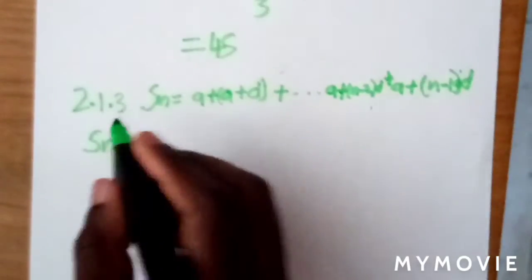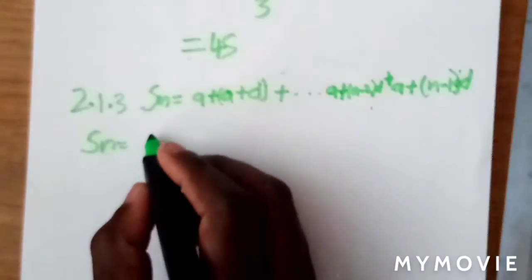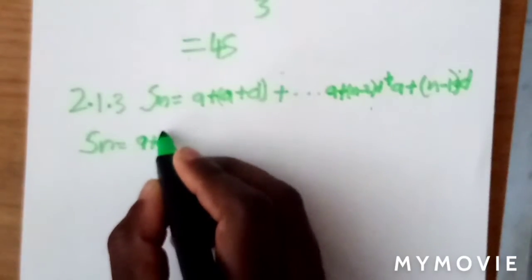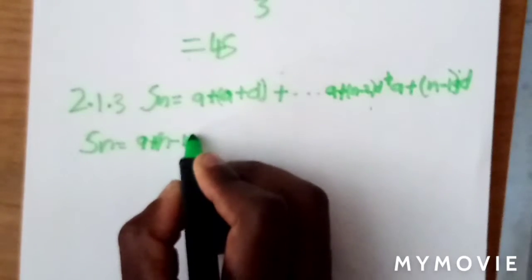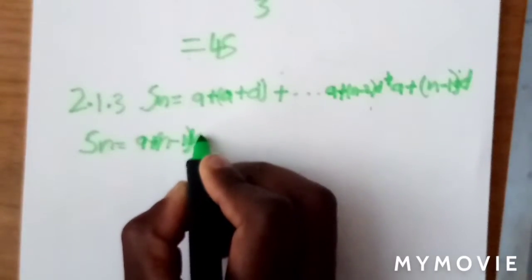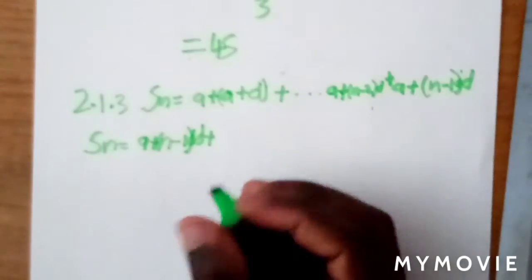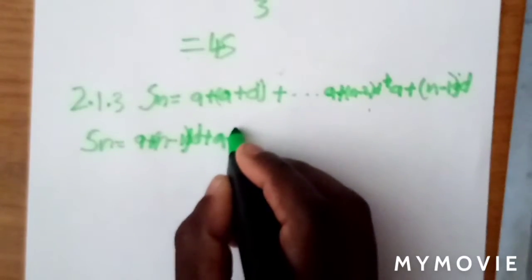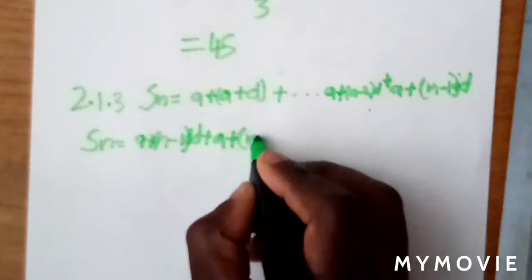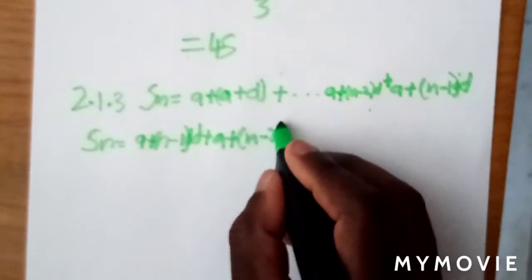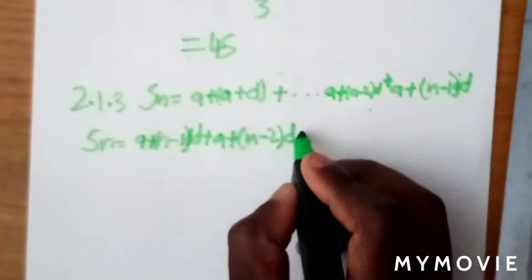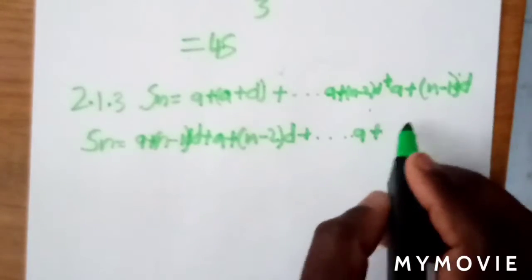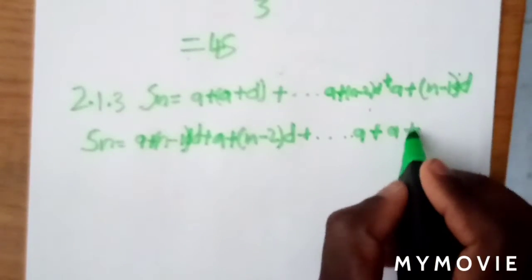Sn is equal to, we start at the end, a plus n minus 1 into d, plus a plus n minus 2 into d, and so on, plus a plus a plus d.